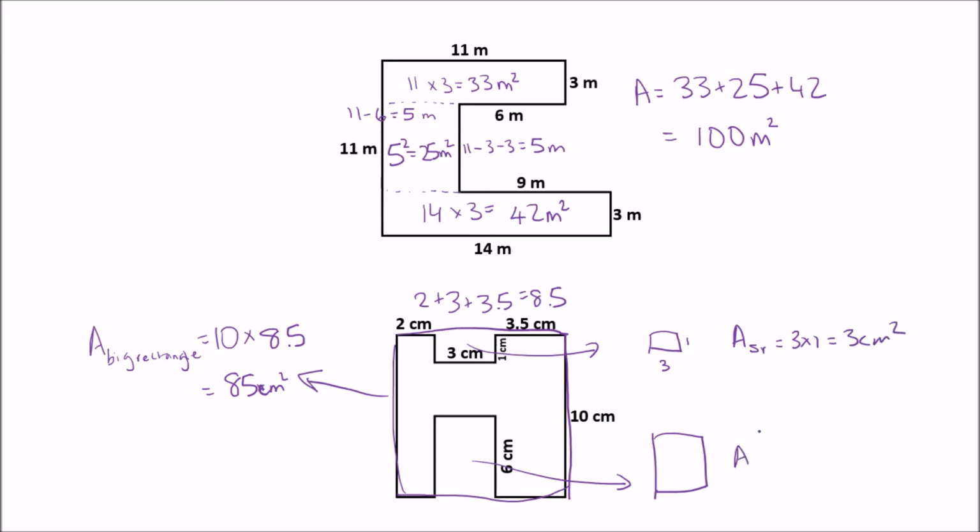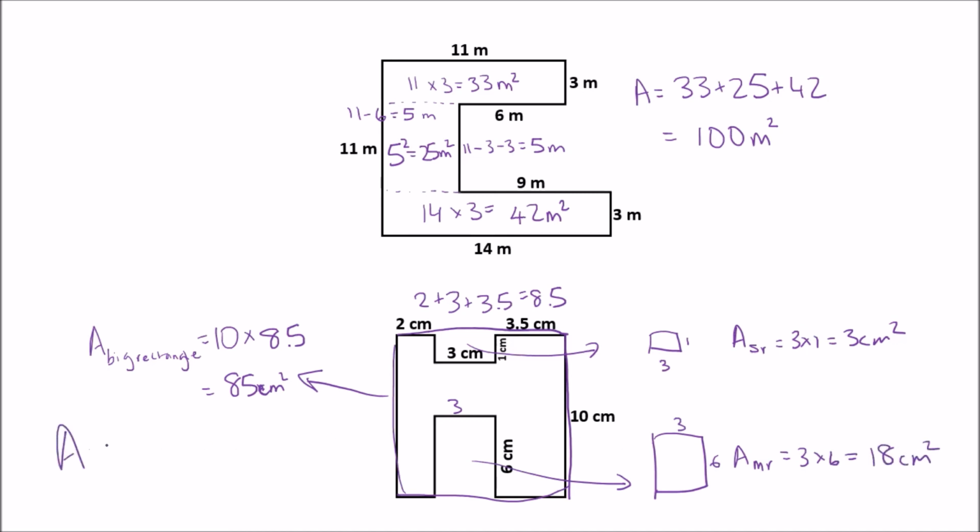This area, let's call it medium rectangle, because it's bigger than that one, but not as big as the full one. This is a 6 by, what's this distance here? It is 3. So 3 times 6 is 18 centimeters squared.